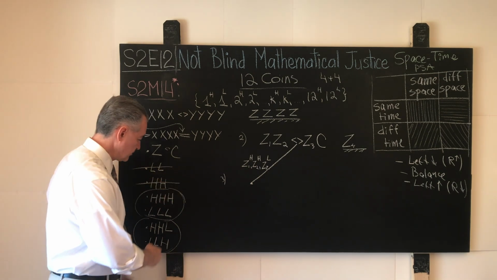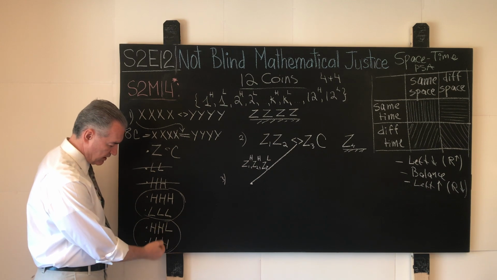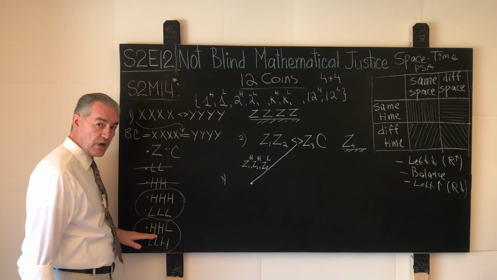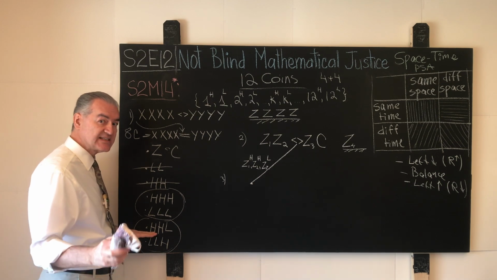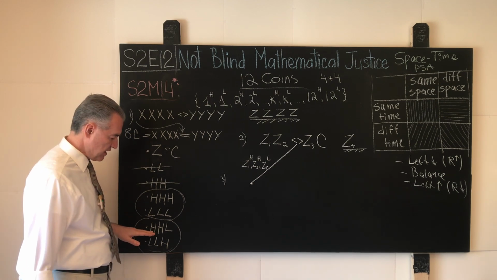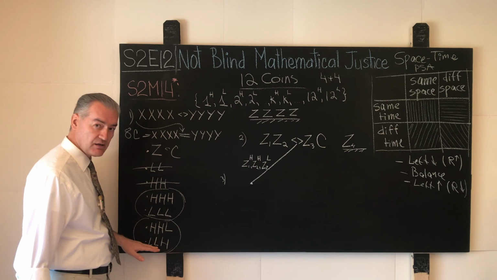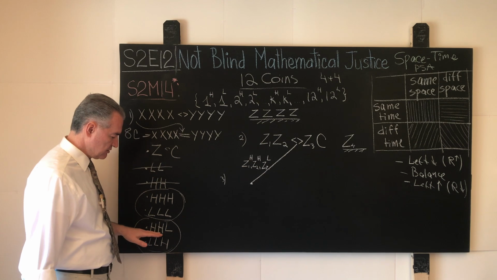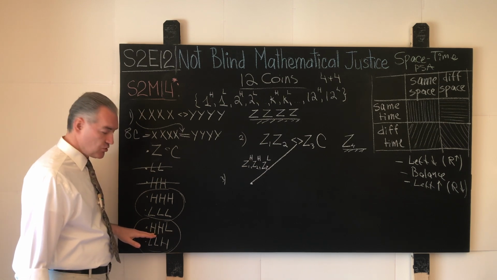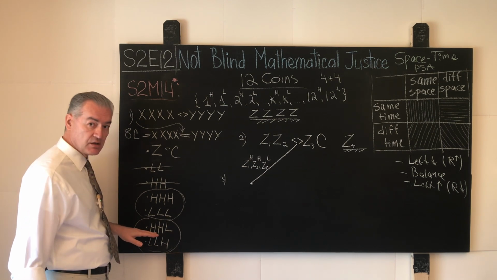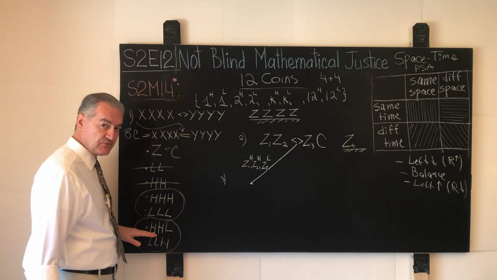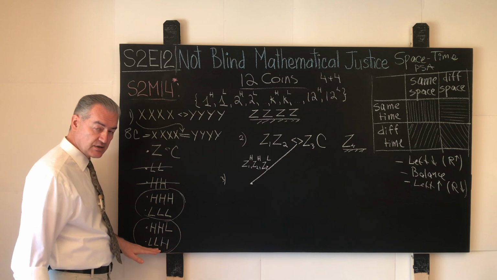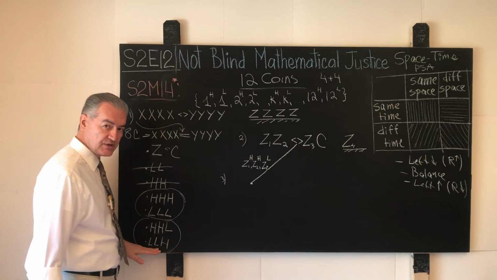Obviously, we can solve this problem just by looking at these conjugate strings. In this case, we just have to weigh two coins of the same quality against each other, H against H and L against L. And if the pans balance, then the remaining coin is it. And the pan that goes down in the HH case points to the fake and heavy, and the pan that went up, in this case LL case, points to the coin that is fake and light.